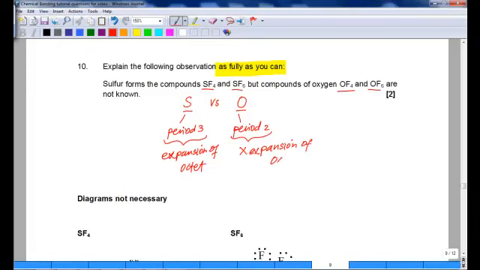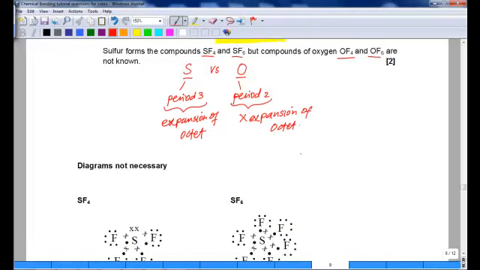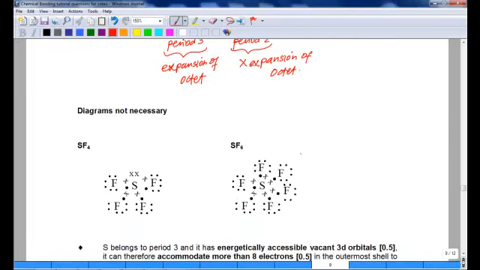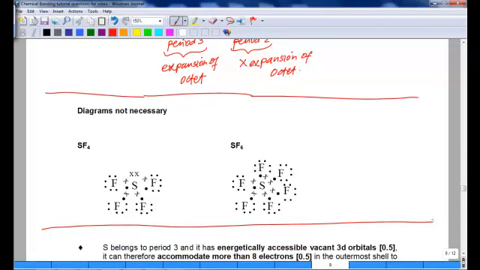of octet. Okay, so in order to be explicit, I would like to explain the diagram again. The diagrams are not required in your answer, but I would just like to go through the thinking process again. Sulfur is group 6, fluorine is 7, 7, 7, 7, all single bonds.